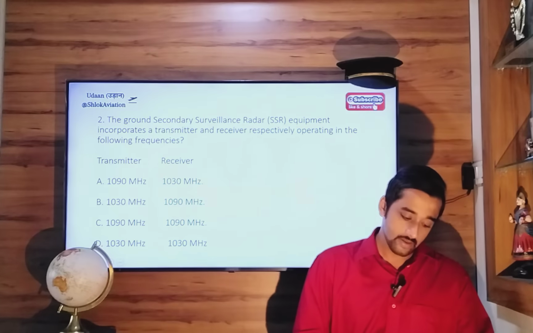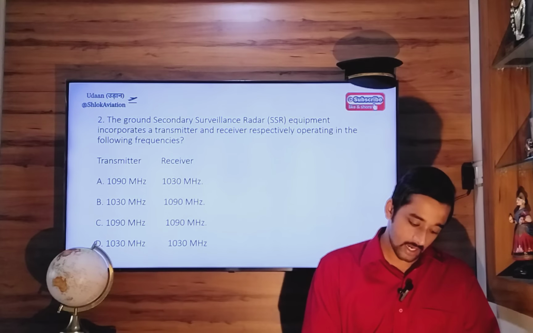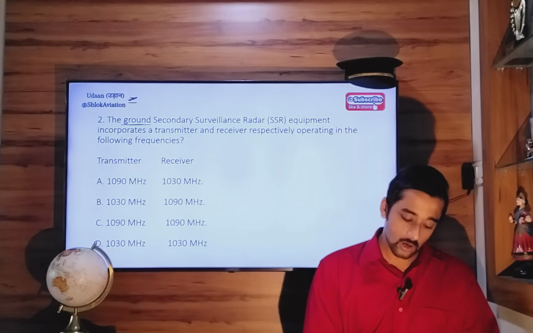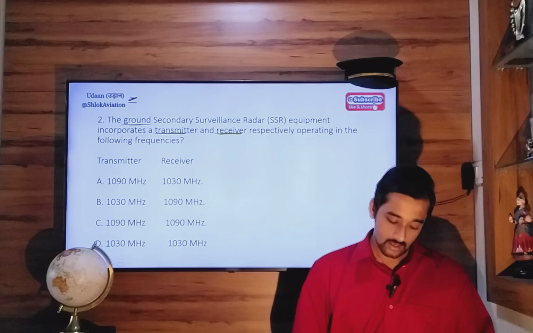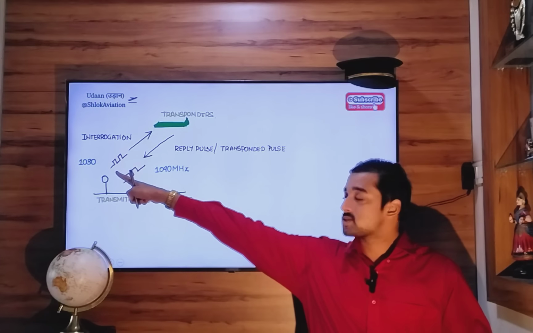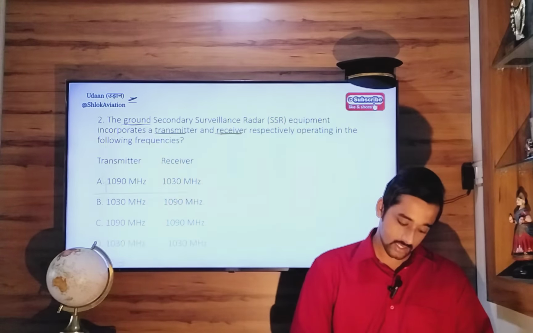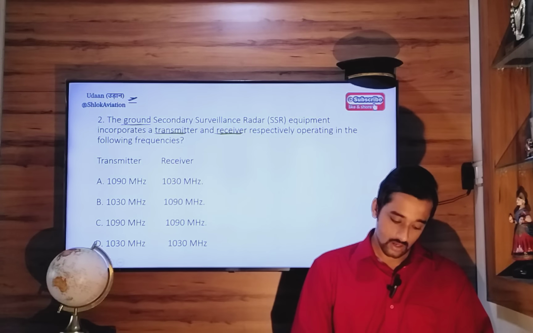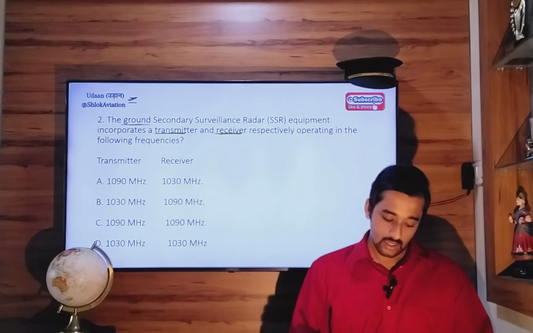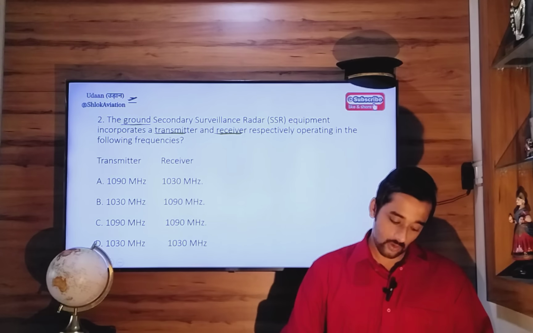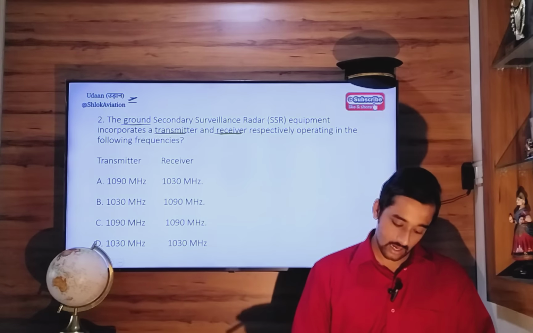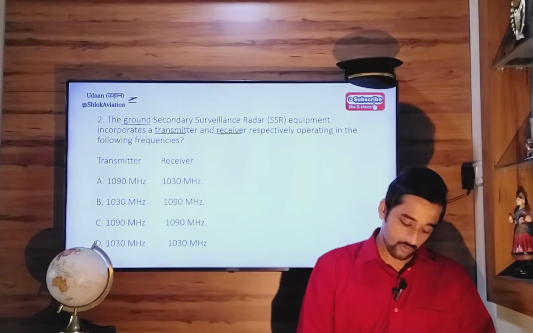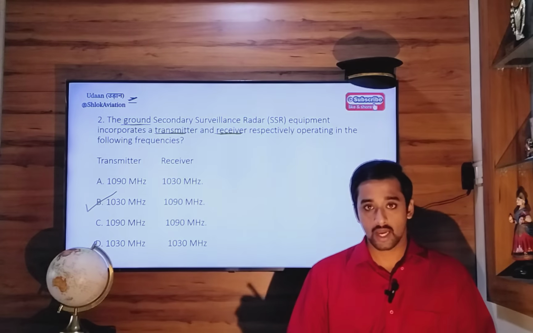So answer here. Now here they are talking about ground radar that incorporates a transmitter and receiver. So this ground radar will always transmit at 1030 megahertz, and it will receive at a frequency of 1090 megahertz.